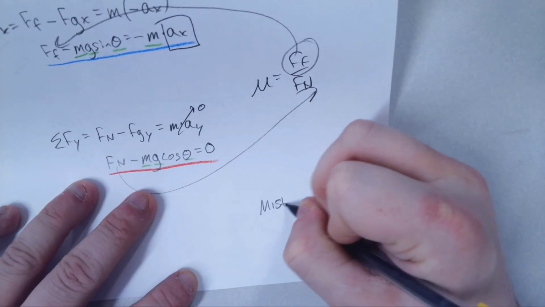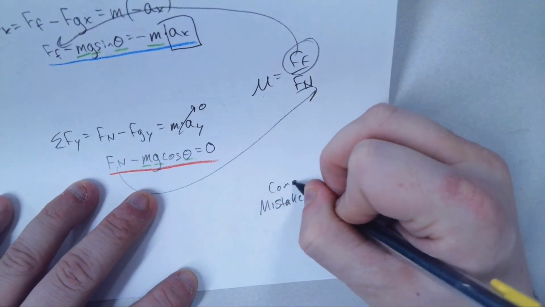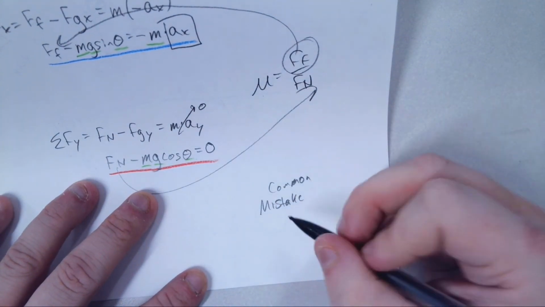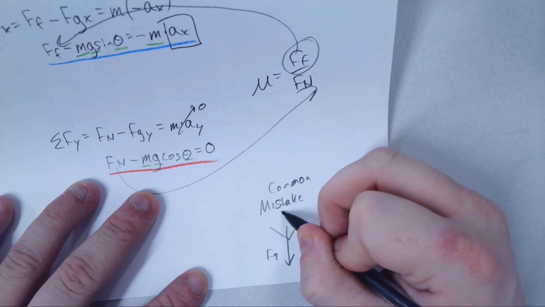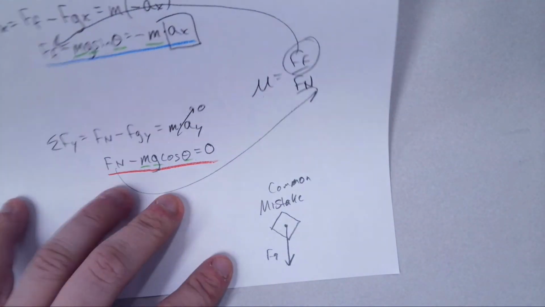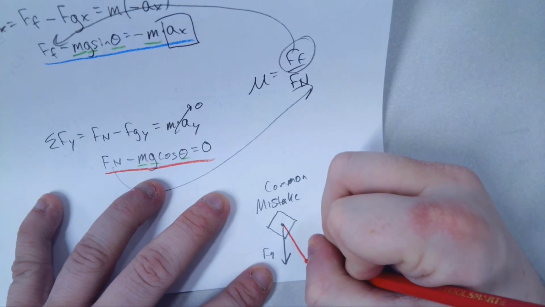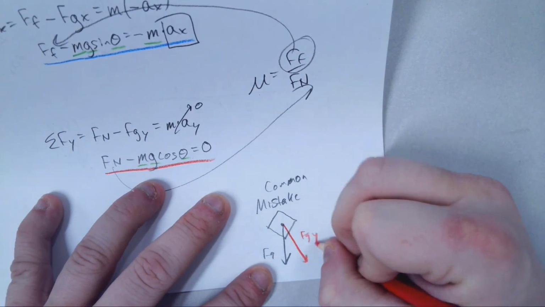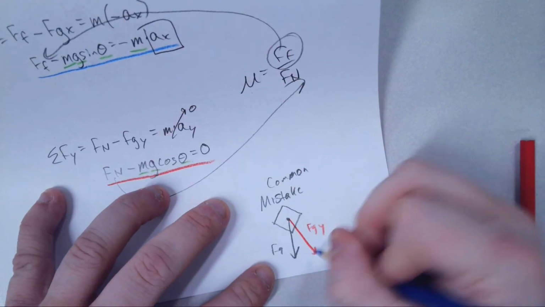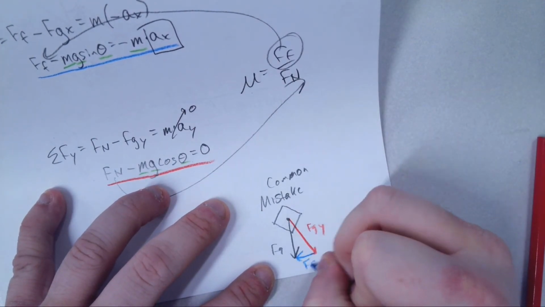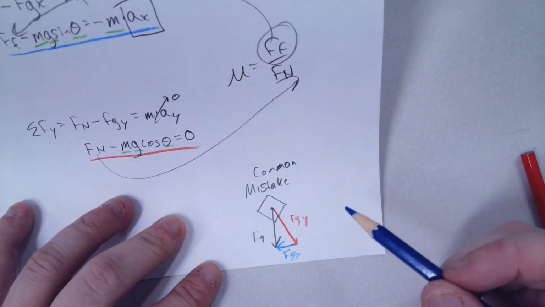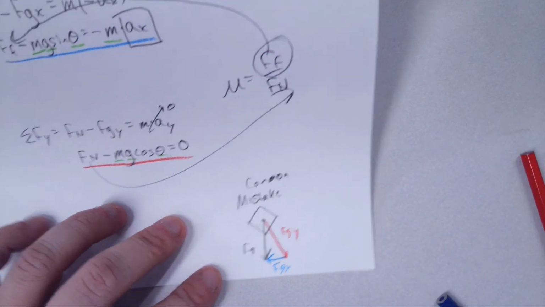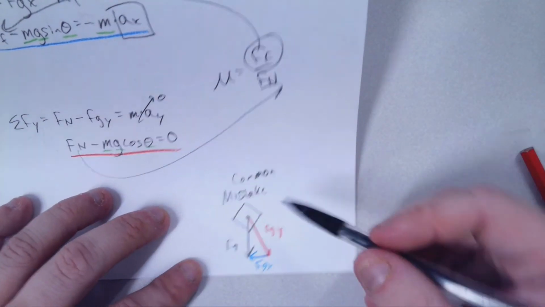A common mistake, okay, if we go to mistake corner over here, common mistakes, is that when they have FG this way, so let's say that's our box, a common mistake is to draw it like this, where they have that FG of y, and then they have this somehow back to here, FG of x. Notice these two have to be perpendicular to each other. This is not a correct free body diagram for this.